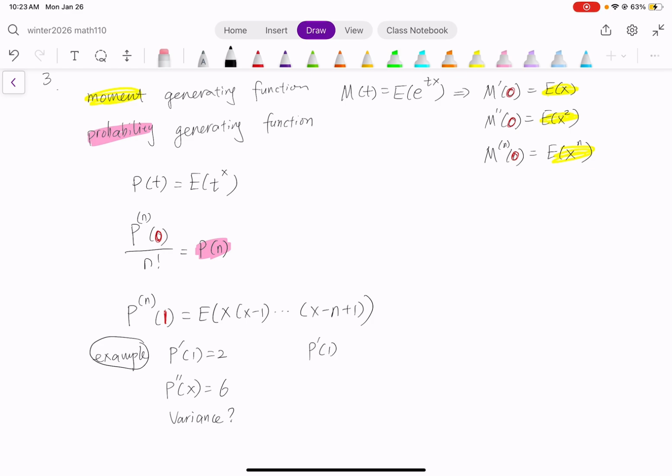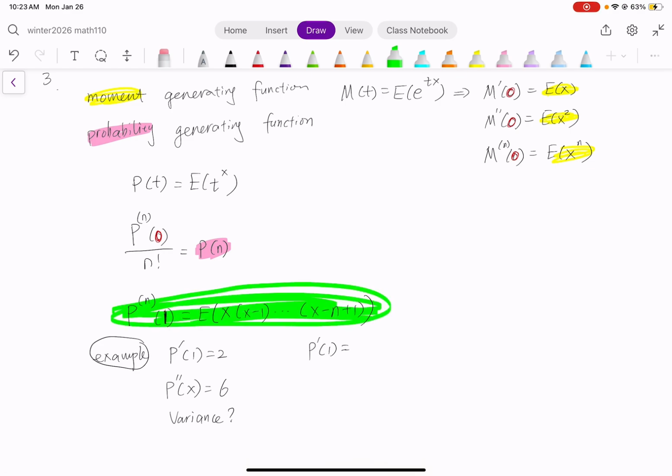Taking the derivative once and plugging in 1, we apply the green formula, and that is equal to the expected value of x, because with n equal to 1, x minus 1 plus 1 is x. Therefore, it's given, which is 2.